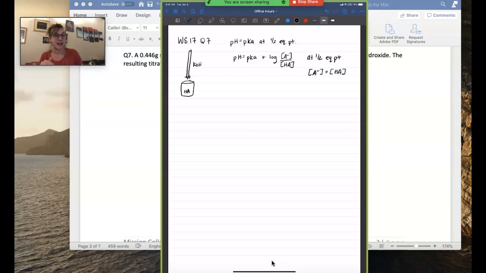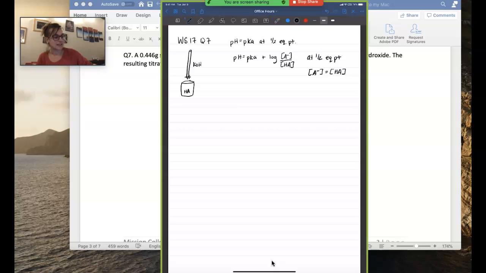When I've added half the volume of the KOH, that means that I've depleted the moles of the HA, or the concentration of my weak acid, by half its amount, and in doing so have created its conjugate base. And so at half the equivalence point, the concentration of the conjugate base of my weak acid is equal to the weak acid itself.